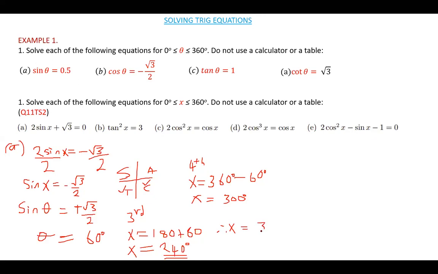So in this case, we're having the values of x to be 300 and 240, but I was supposed to start with the smallest number here. Yeah, you start with 240 and then you write your 300. 60 is not part of our answer. So if there's any value of x that is out of the range, you don't write it. You don't put it in your final answers.